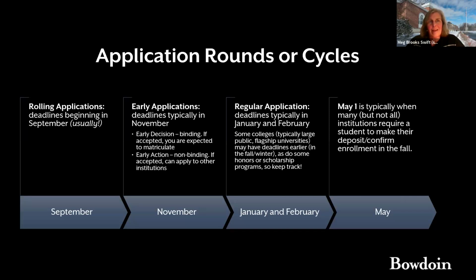So this is a time that waitlist decisions may start to come as classes are looking to be completed and schools have a better sense of how many people are in their class. So we can really go from September to June through the different rounds or cycles of admissions over the course of a child's senior year.